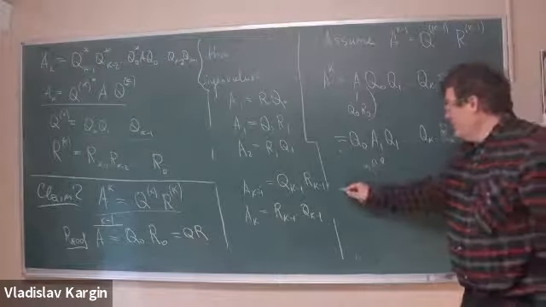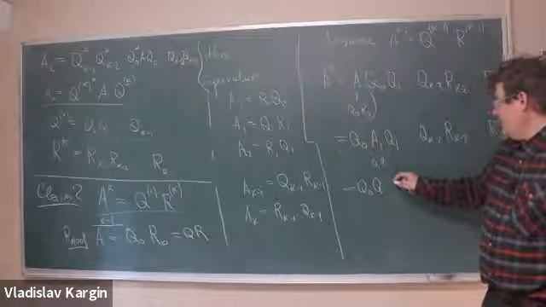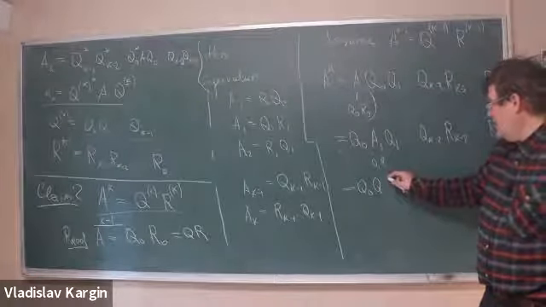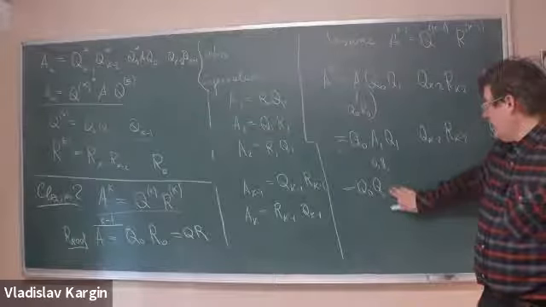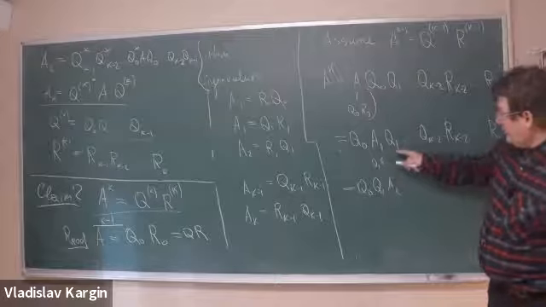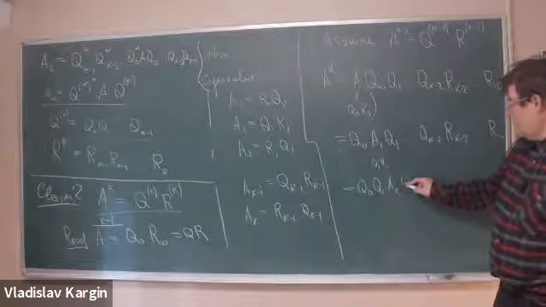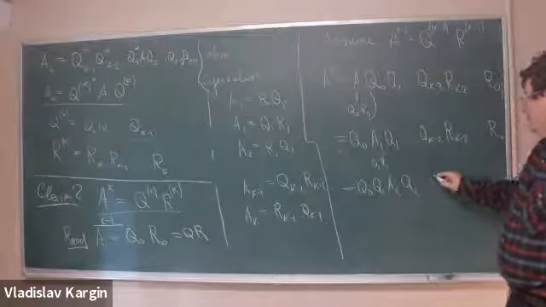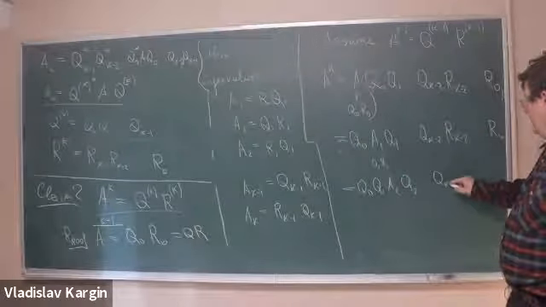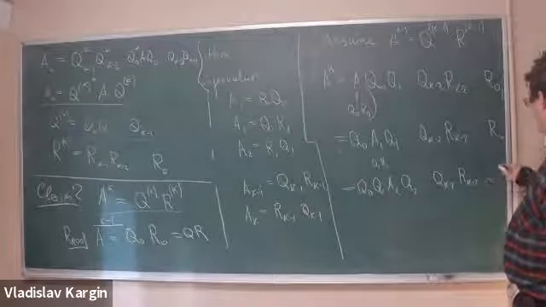So the next step will be Q0 Q1, here we'll have A2. So R1 Q1 is A2, and after that Q2, and so on, and Q_{k-2}, R_{k-2}, and so on until R0.